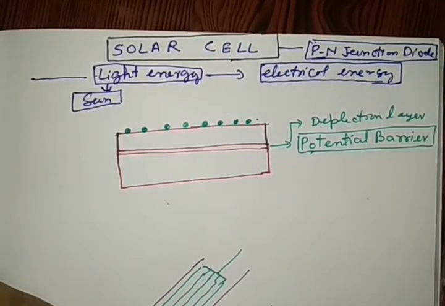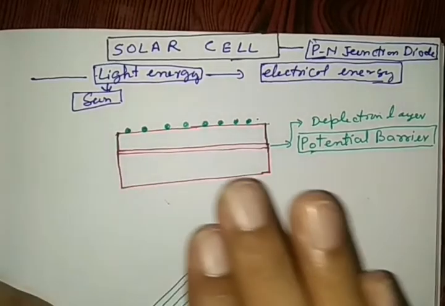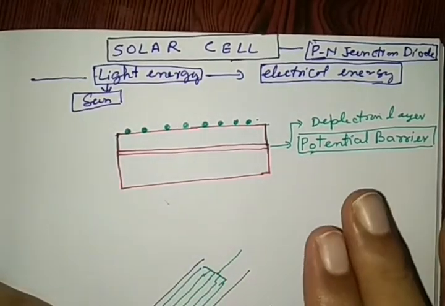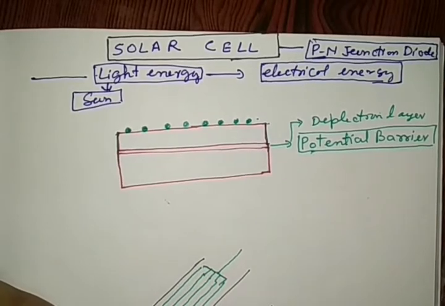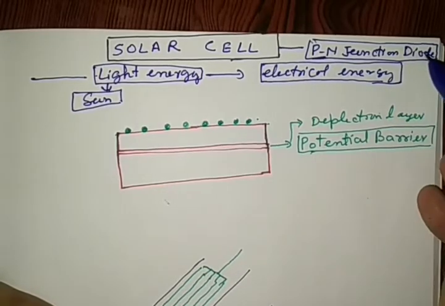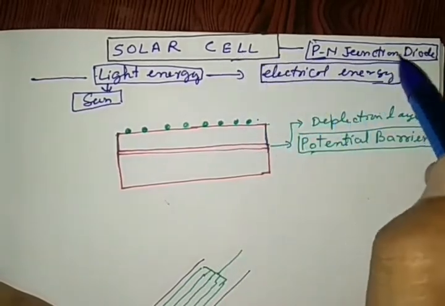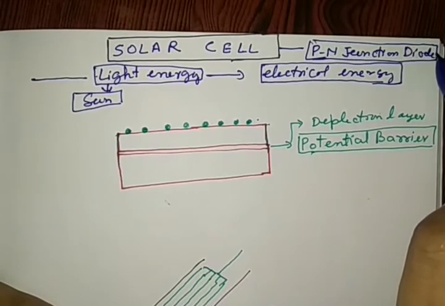So see very carefully, this concept is very simple to understand. Once it comes to mind, it is very easy to understand how this PN junction diode acts as a solar cell. This solar cell is a PN junction diode, right?